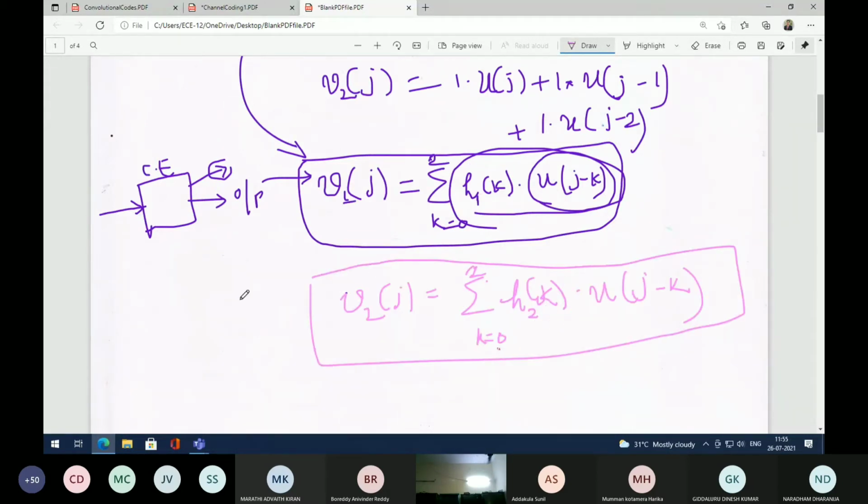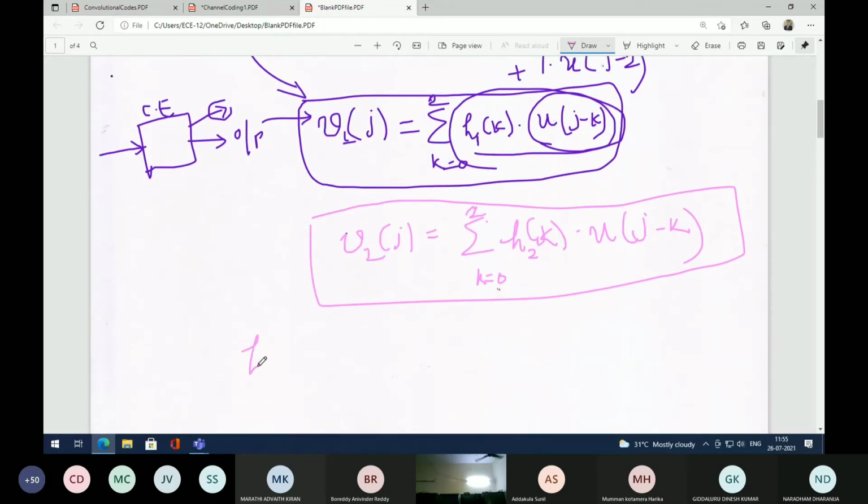Okay. Where, what is H1 of k? Can somebody tell me H1 of 0? What is H1 of 0? 1. 1, sir. And H1 of 1? 0. And H1 of 2? 1.